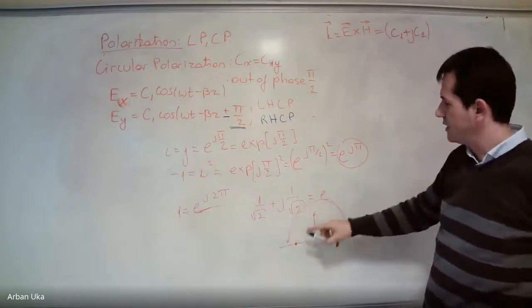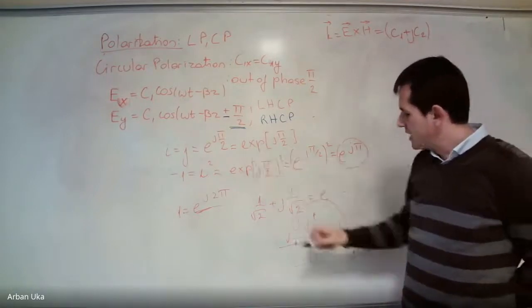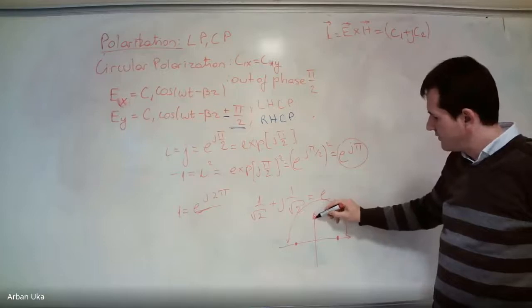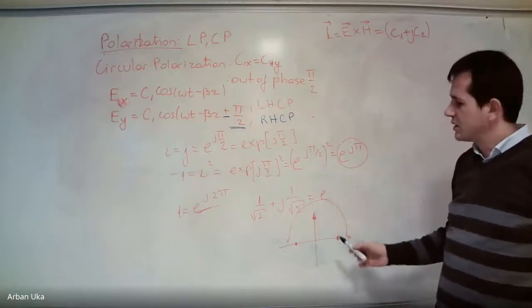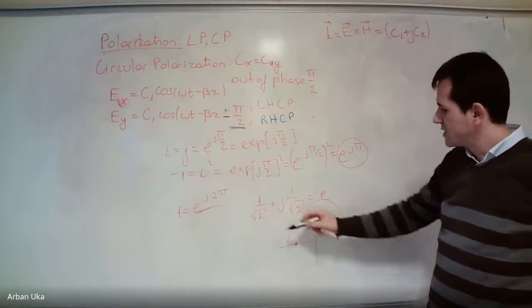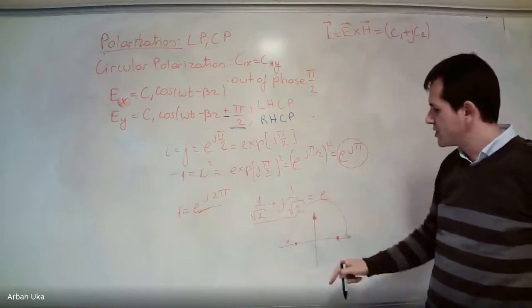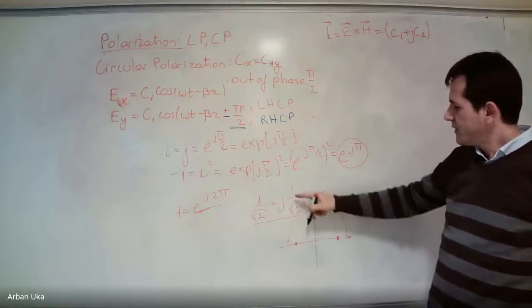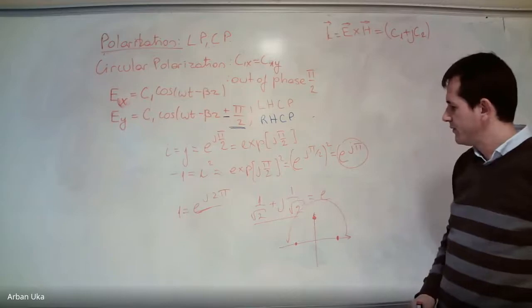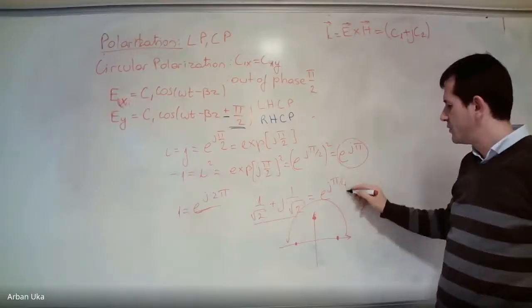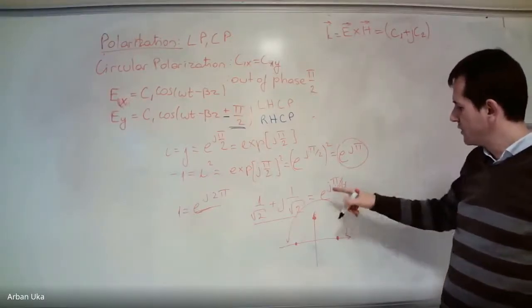That's -1. And what was I? I is a number here. So what is this? 1 over square root of 2 plus j times 1 over square root of 2 is e to the power j times pi over 4. That's correct, okay, pi over 4. So we move with an angle of this much.